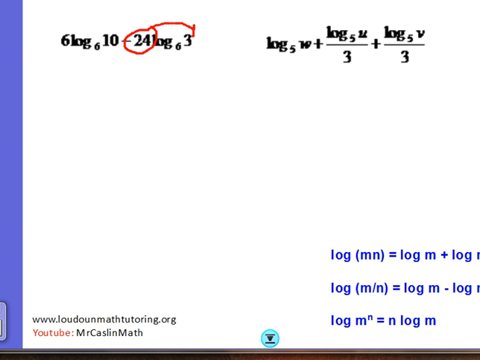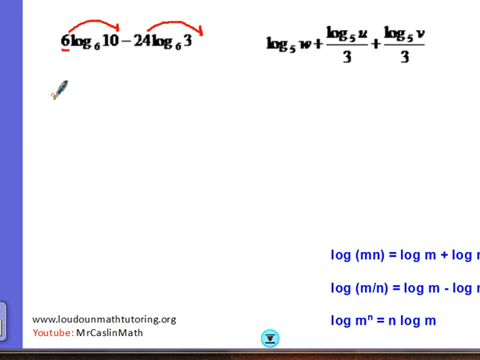So I would actually look for these multipliers first, and then those are going to become exponents when you're condensing. So log base 6 of 10 to the 6th, minus log base 6 of 3 to the 24th. Yeah, I'm still writing with my mouse, so excuse me, my writing's not very good.